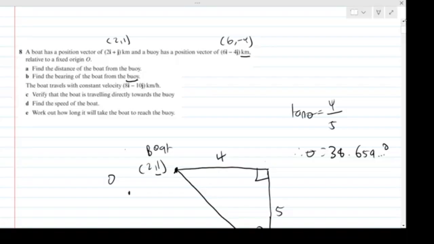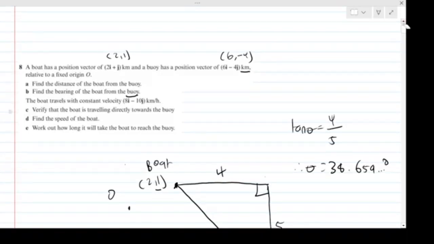So what this means, remember what velocity means. The time is in hours, which means if we're starting at the point (2, 1) with the boat, every hour we're adding on an extra 8i minus 10j. So we're adding the vector (8, -10) to the point (2, 1).